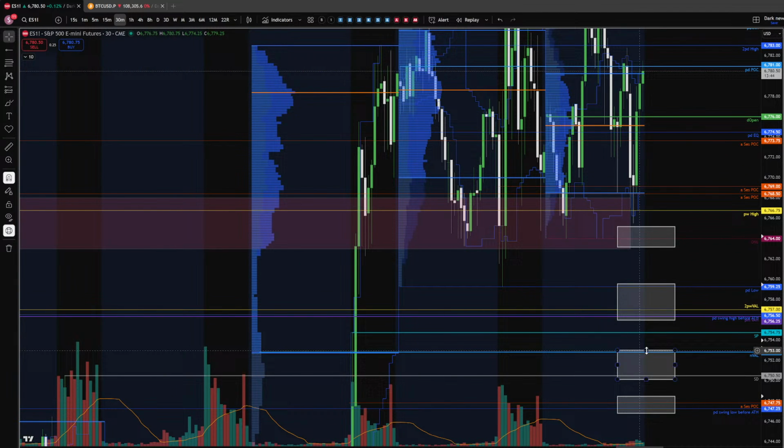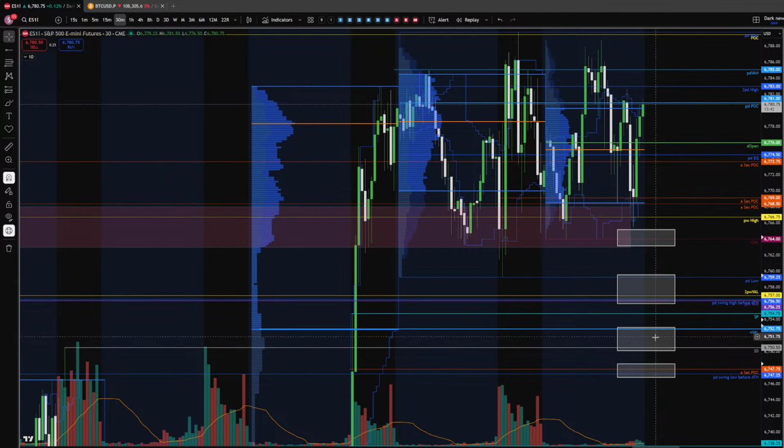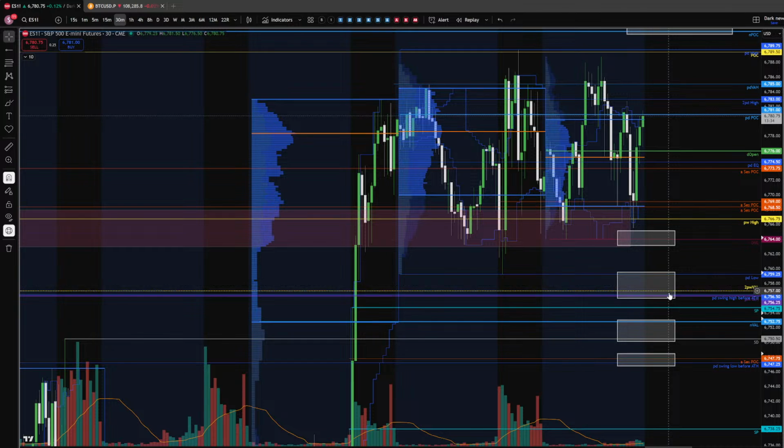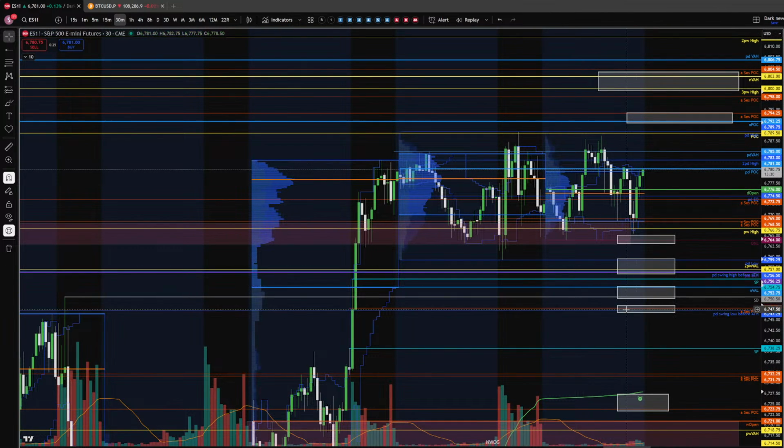And as I already explained, there are also more confluences here. It's the naked value area low, the single prints, the SD flip. So it's a pretty important area. If this area doesn't hold, I mean, yes, I would stretch it until the A session point of control.